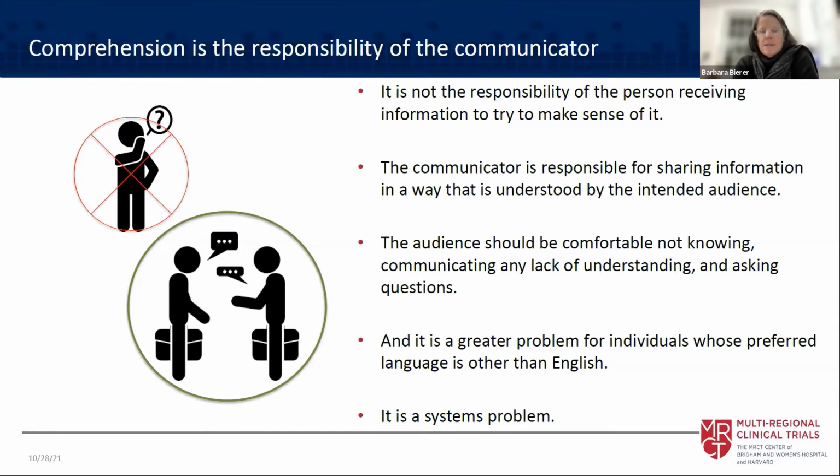It's not the responsibility of the person receiving the information to make sense of it. It's the responsibility of those of us communicating to make sure that we're understood and to continue to try and make that clear until we're sure that the person whom we're talking to or communicating with really does understand and has exhausted their questions, and we eliminate that lack of understanding.